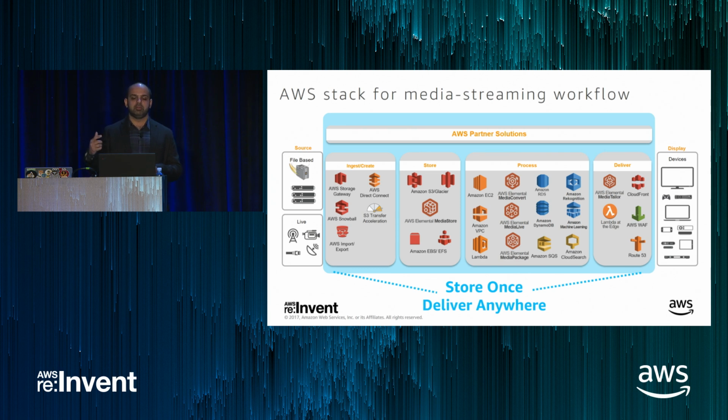And on top of that, there are the AWS partner solutions. We work very closely with AWS partners, whether that is DRM or watermarking or asset management systems, et cetera, to integrate these services very nicely with the common household names that you are used to working with.